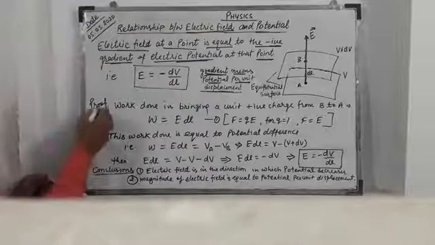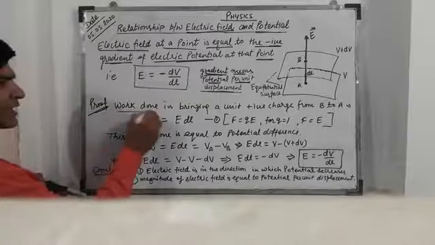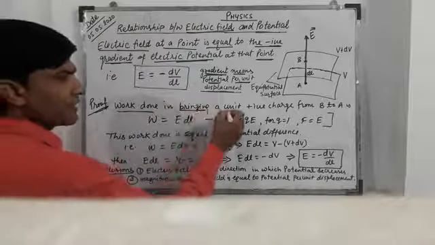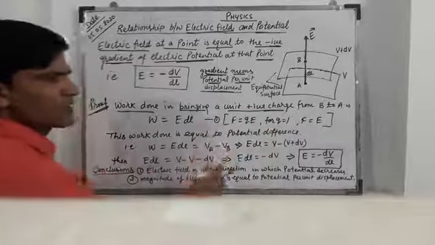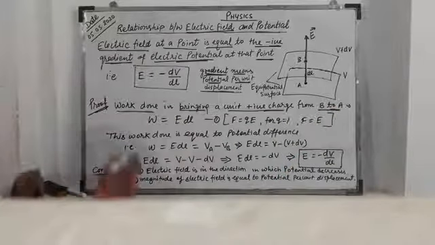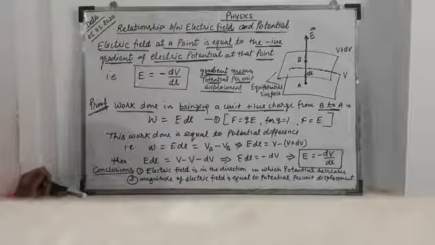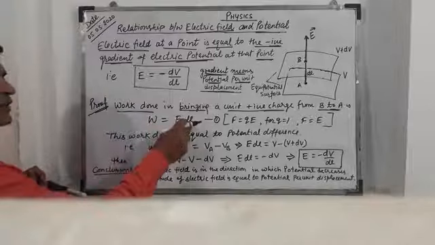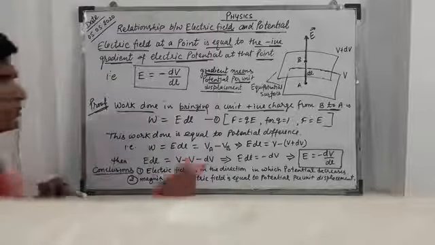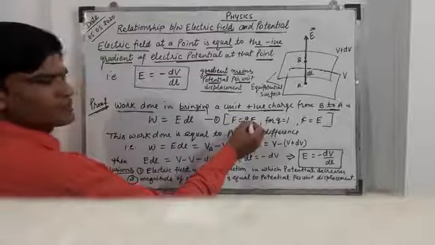Now the proof of this. Work done in bringing a unit positive charge from B to A is W equal to E into dl, because we know that W is equal to F into dl, and F is equal to QE.